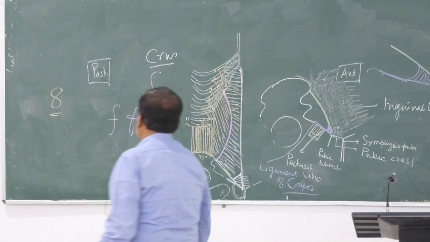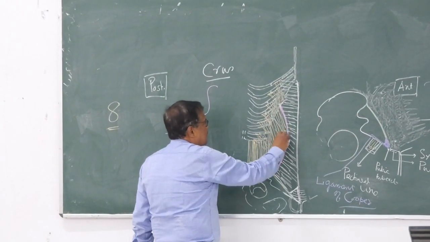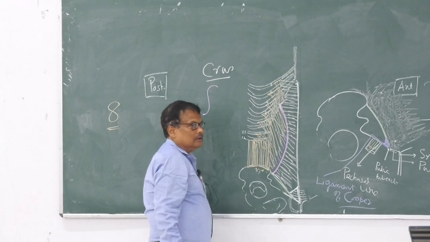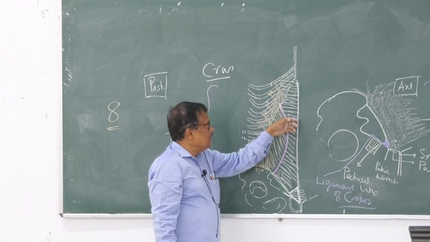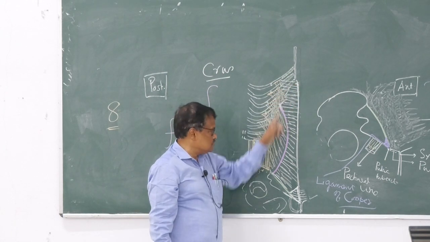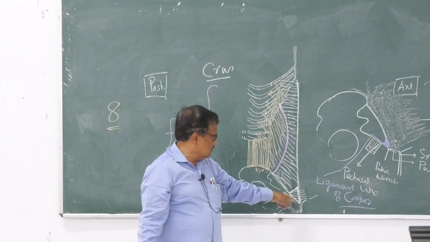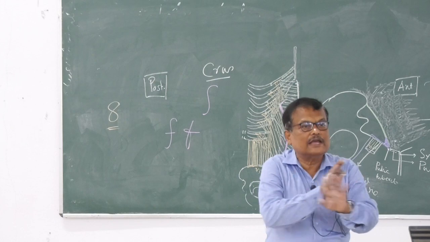The rest of the fibers go downwards, forwards and medially and become aponeurotic and go medially to be attached to the linea alba from the xiphoid process to the symphysis pubis, upper border of the symphysis pubis. Finished.